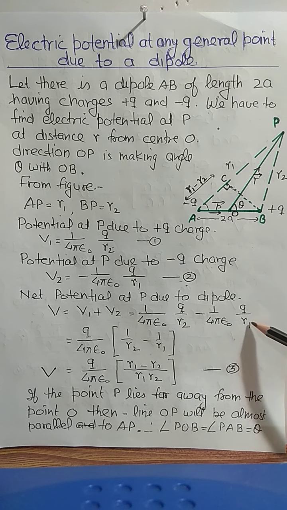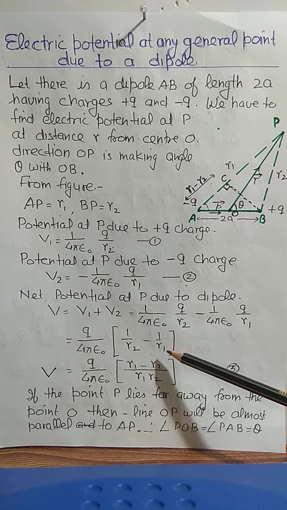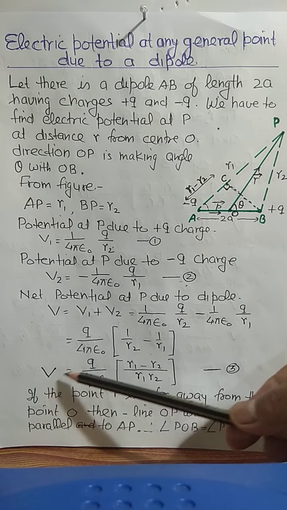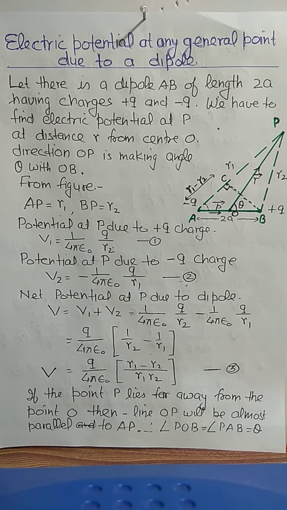So V is equal to q upon 4 pi epsilon naught, the LCM of R1 and R2 is R1 R2, and the numerator will be R1 minus R2. This is the formula for the potential at a general point due to a dipole.